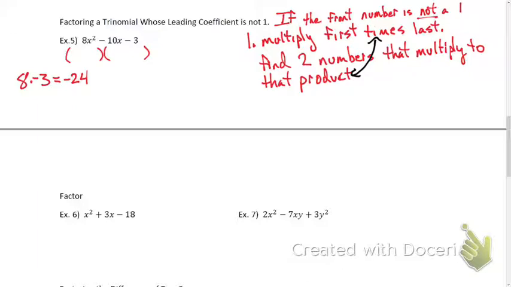So in this case, negative 24, and add to the middle term.